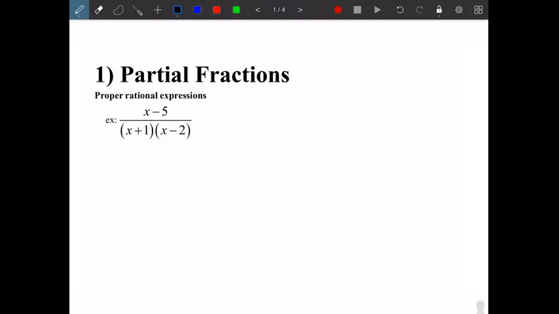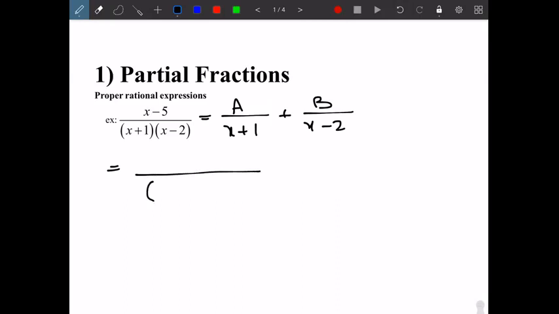So over here, we just agreed that this rational expression is in fact split into the sum of these two partial fractions.